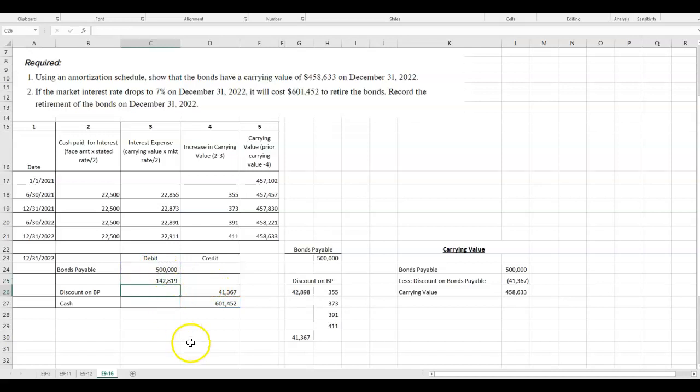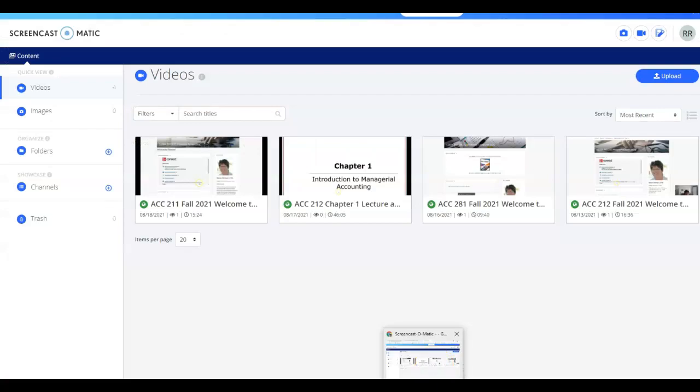So the difference is 142,819. That's our loss on bonds payable. So what you need to know to do this is the balance in the discount account and the price you have to pay to retire the bonds. You can back into all the other numbers, but I wanted you to see how it worked.